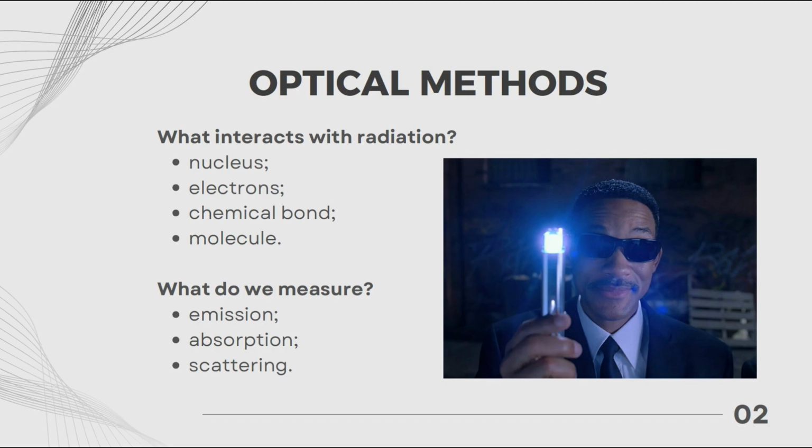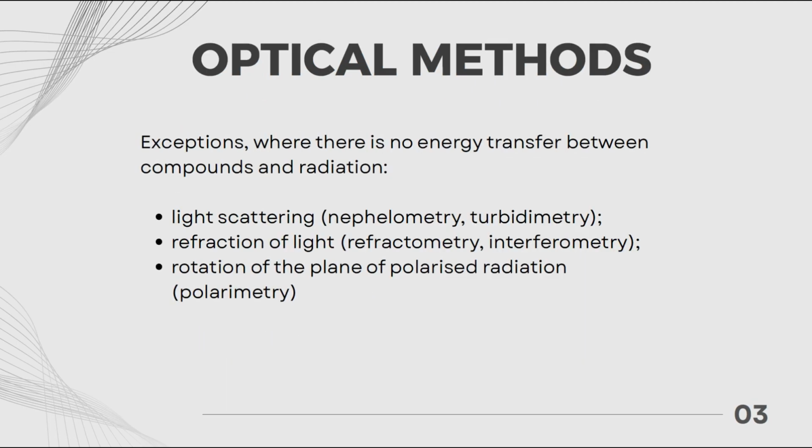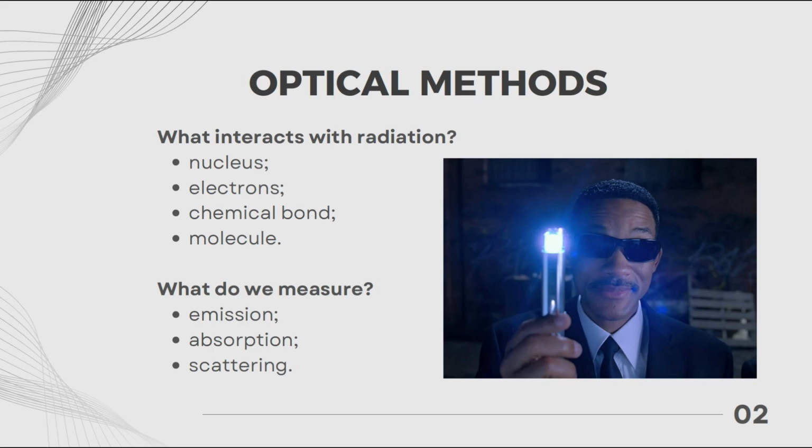So what are these effects? These exceptions are where there is no energy transfer between compounds and radiation. Let me go back one step. If we are talking about either absorption or emission, we are talking about energy catching.